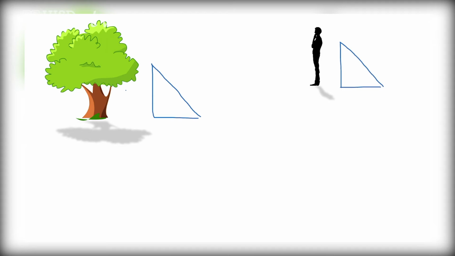So we know that the height of the tree is 20, and the shadow is equal to 5. Everything is in feet. And then we have our person, for whom we only know the shadow equals 1.5 feet, but we don't know the height, so I'm gonna put an x on it.